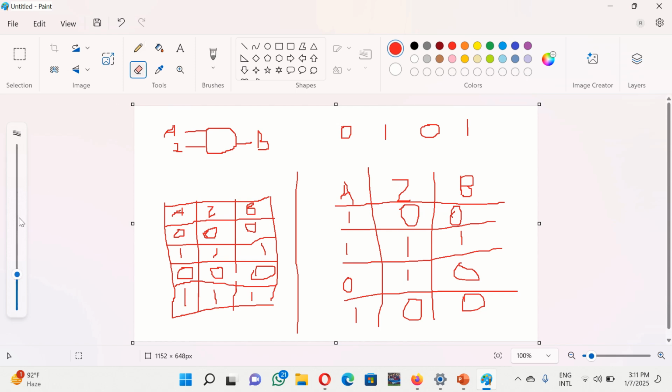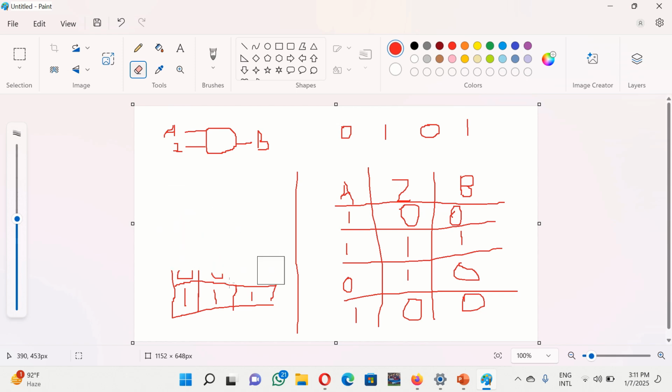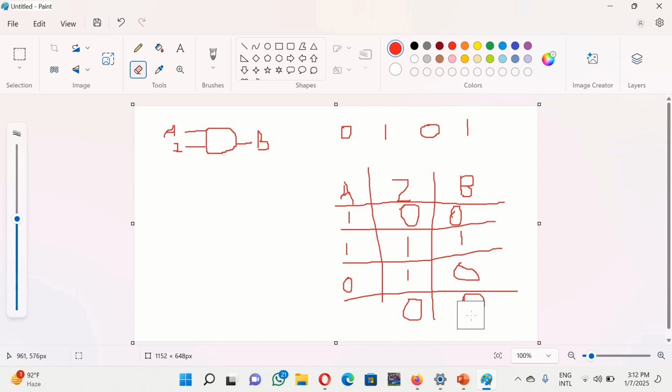So let's consider a situation where we have three inputs. Okay.